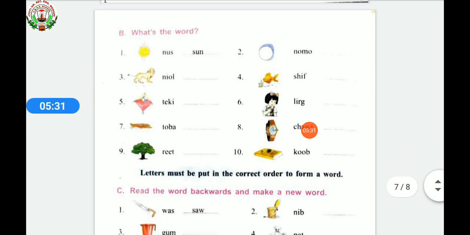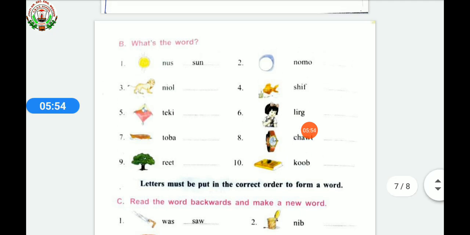B. What's the word? Children, you have to identify the picture and the words given here. You have to arrange the words in a correct form and write down the correct answer in the given blank here. See, the first picture is of a sun, but the word given here is arranged in a jumbled form.